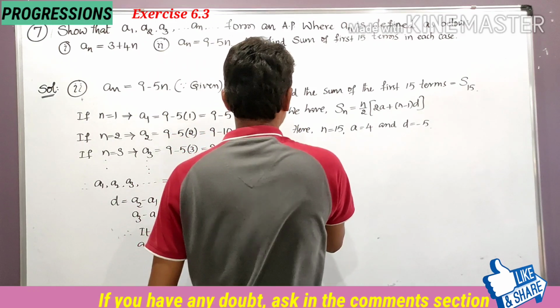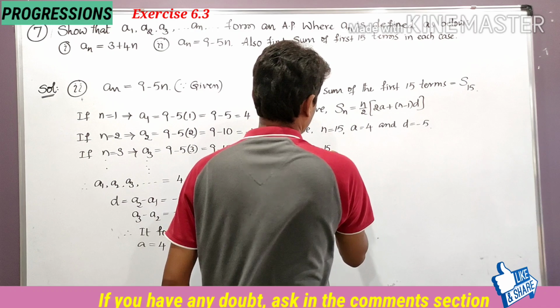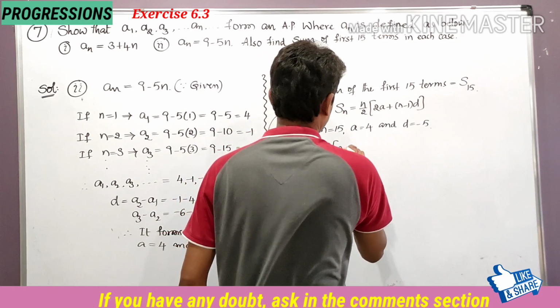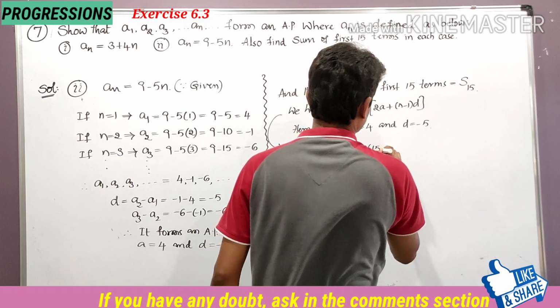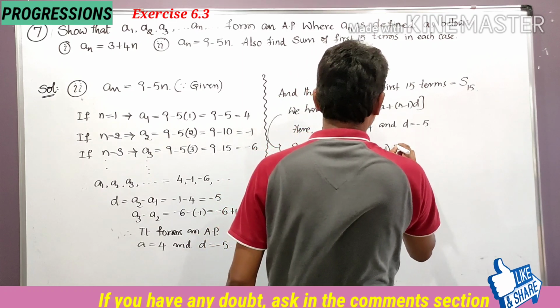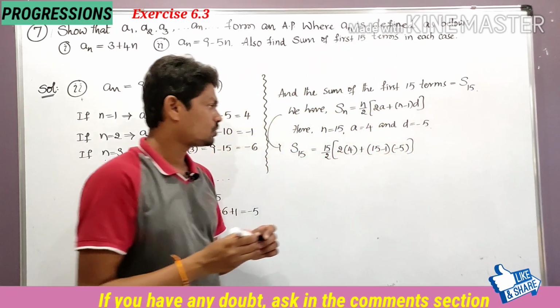So from here we get S15 is equal to n by 2, that is 15 by 2 into 2a, 2 into the a value 4, plus n minus 1, that is 15 minus 1, into the d value minus 5. I have substituted all the values in the formula.